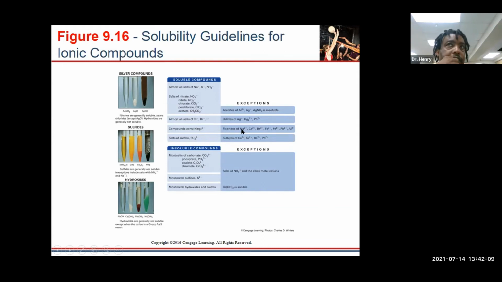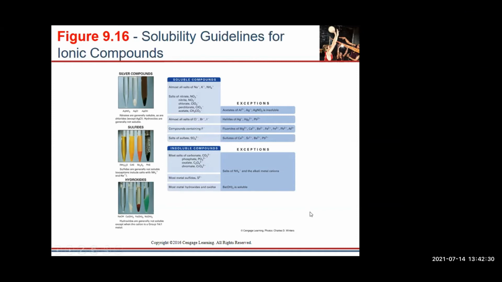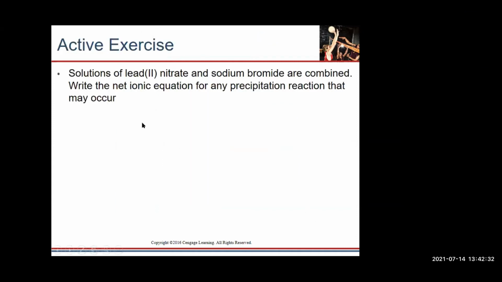And then fluorides, all of these guys are insoluble with fluorine when they come together. Okay, so do you guys understand how this works too? And this should also be in your packet. Okay, great. So let's see how well you guys understand.